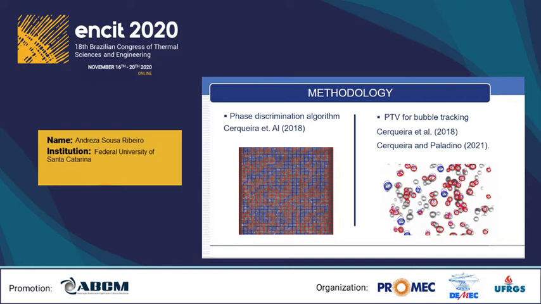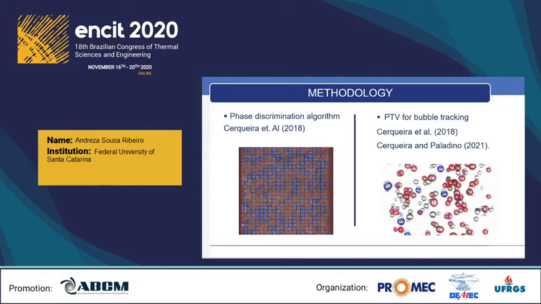The phase discrimination algorithm developed by the authors of this work removes these unrealistic velocity vectors by analyzing the PIV-LIF raw images.